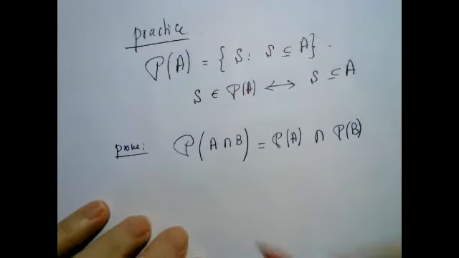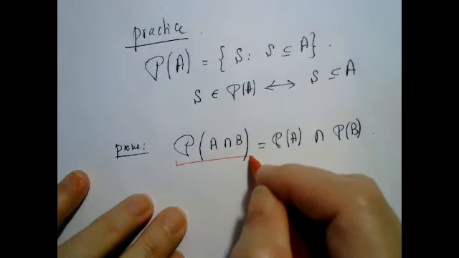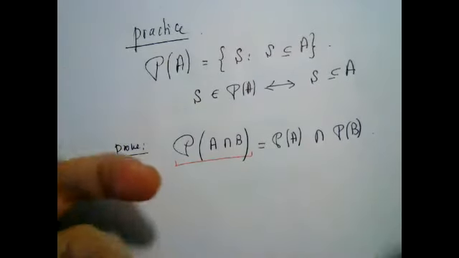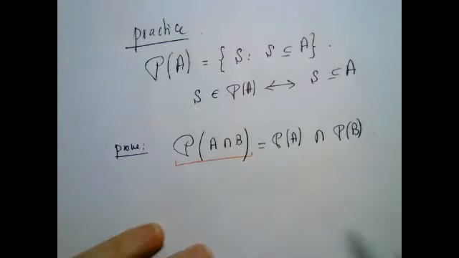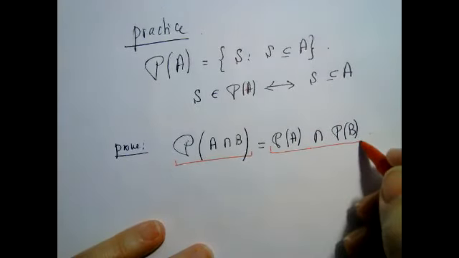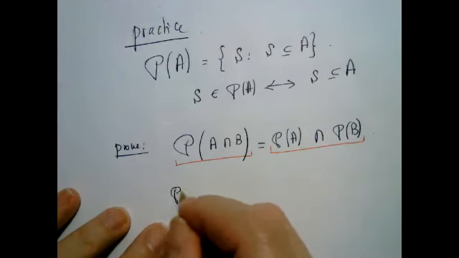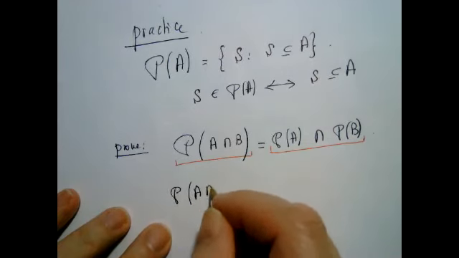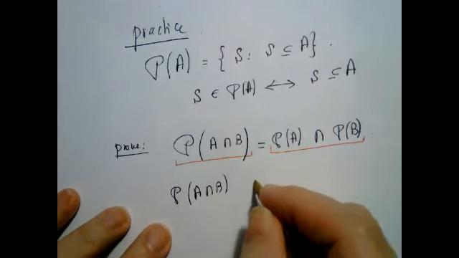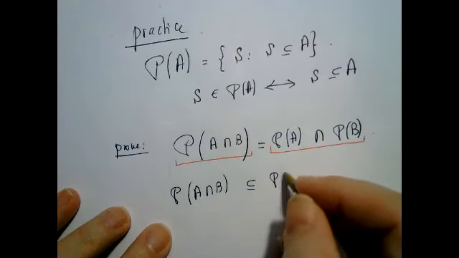Remember, the power set is a set. But the only weird thing about it is that its elements are subsets. And this is another set. So basically, I want to show inclusion between two sets. I will start with the first one, showing that this is a subset of that.